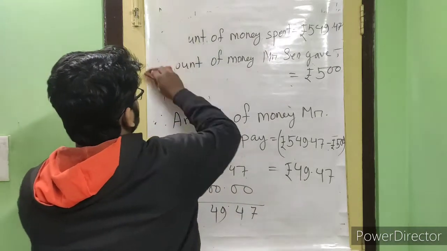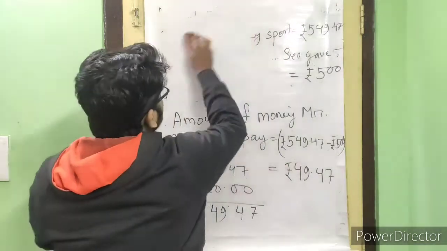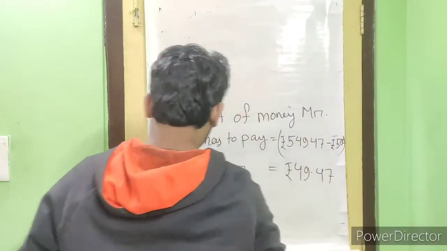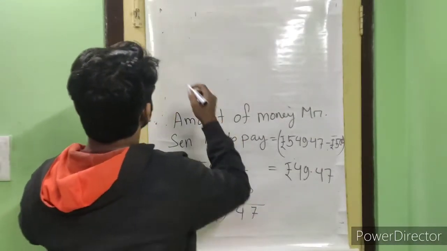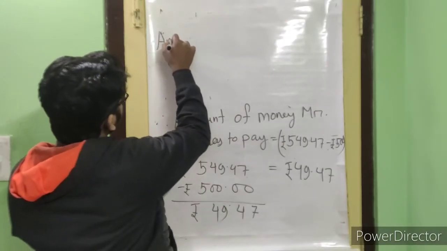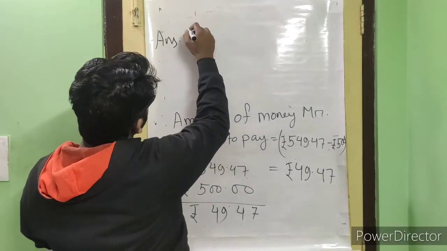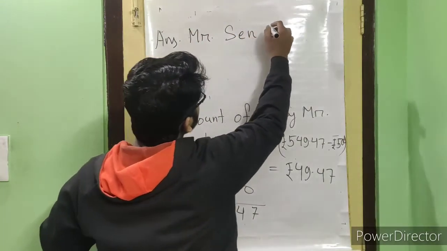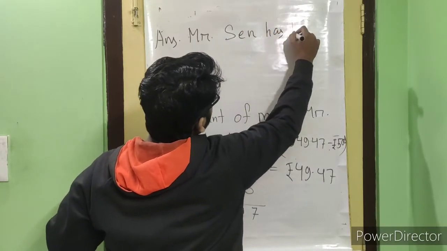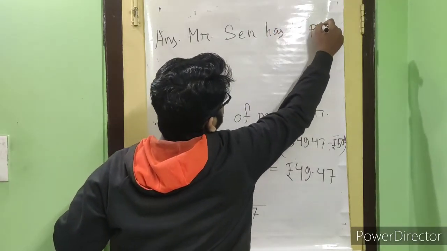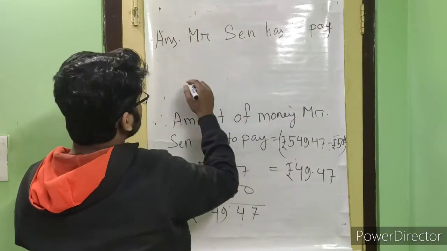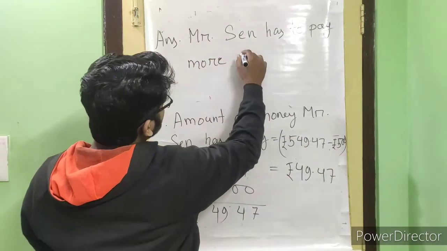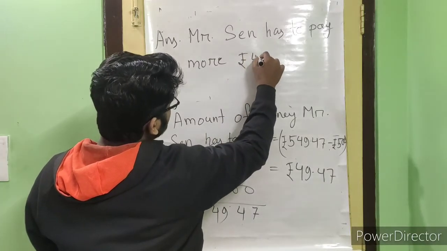I am writing the answer here. Answer: Mr. Sen has to pay rupees 49.47 more.